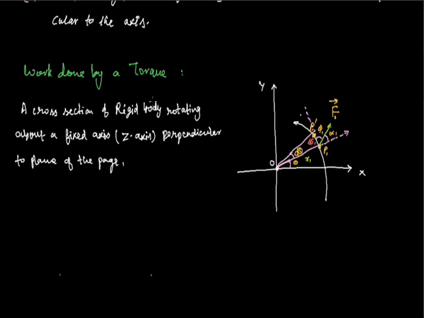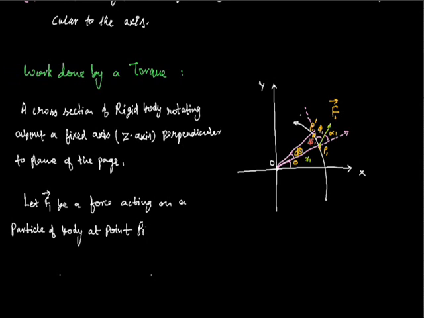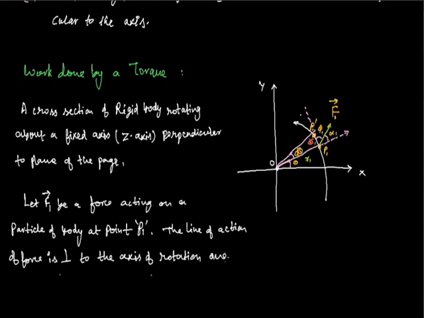Let F1 be a force acting on a particle of the body at point P1. The line of action of the force is perpendicular to the axis of rotation and in the xy plane.